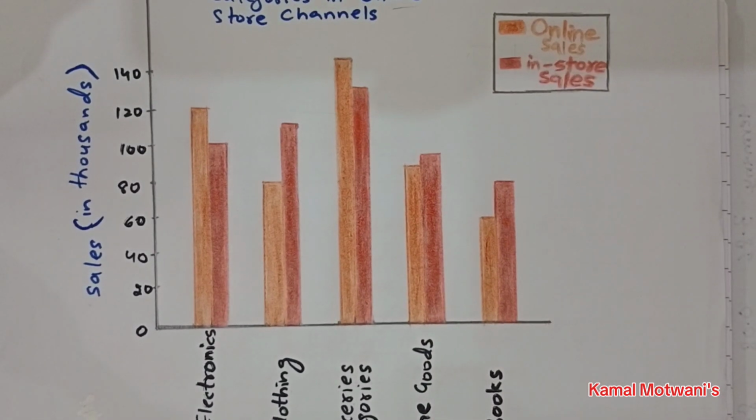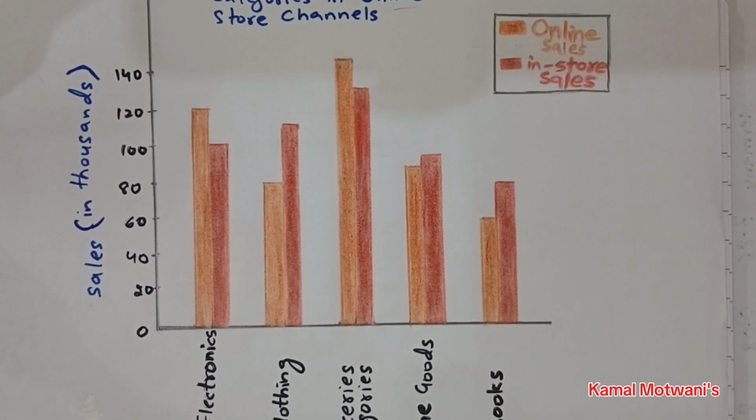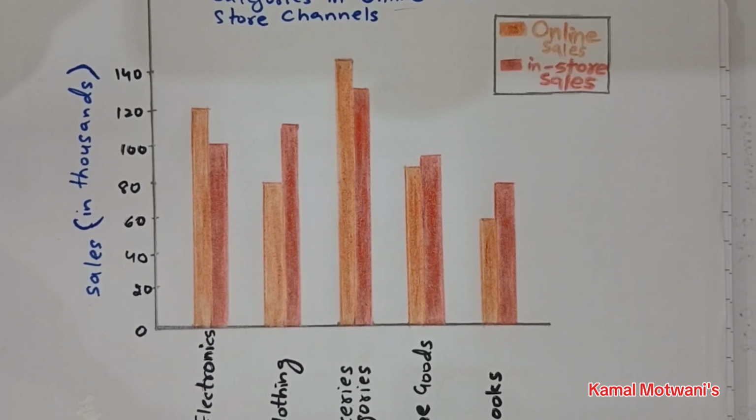So after interpreting and understanding this graph, we have to write it in a paragraph format. I have already discussed in many videos the format of writing IELTS writing task 1.